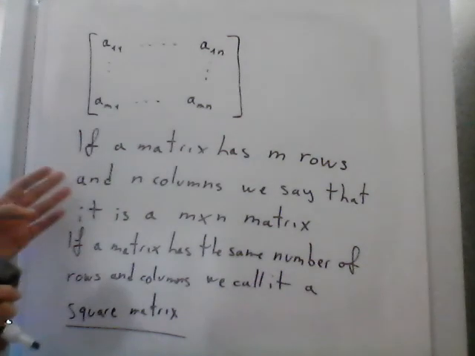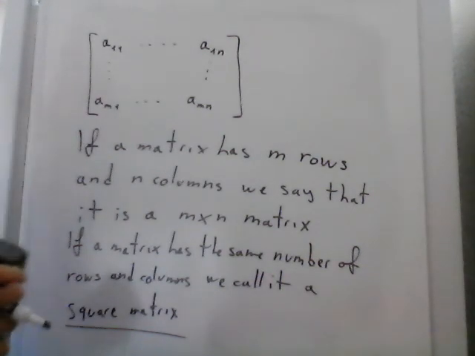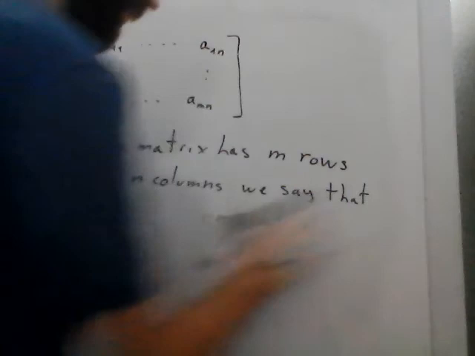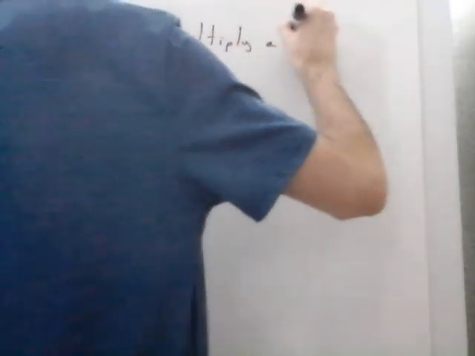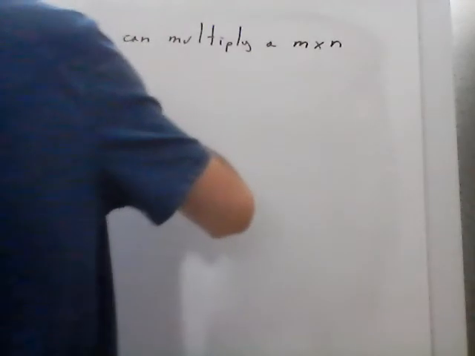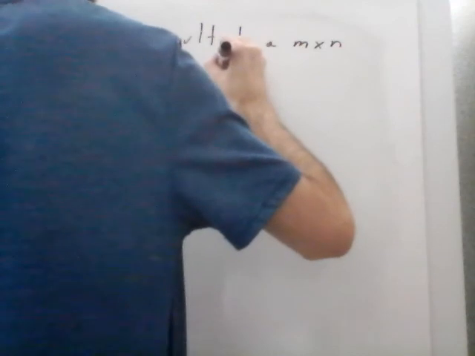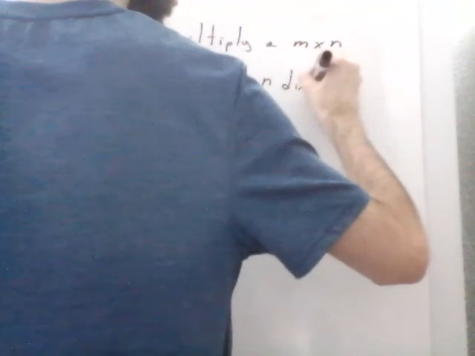Okay, one important operation is that you can multiply matrices and column vectors. So we can multiply an m by n matrix with any n-dimensional column vector.